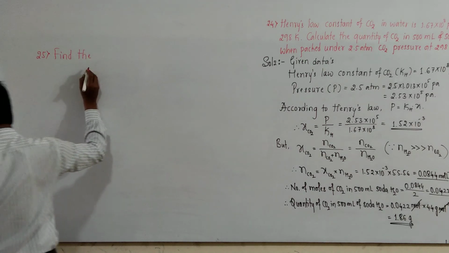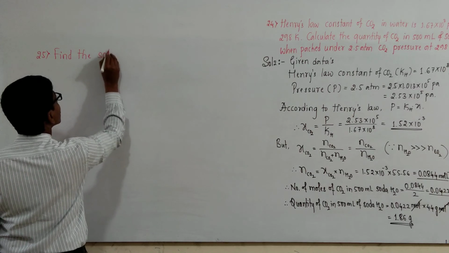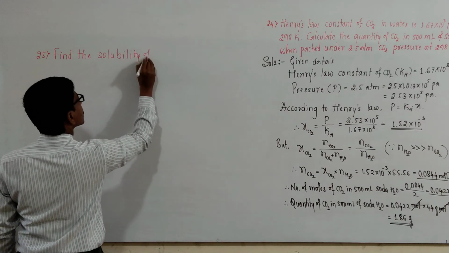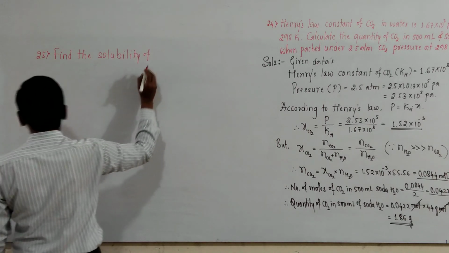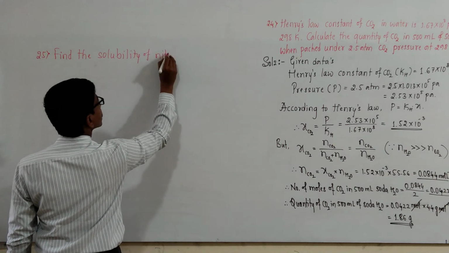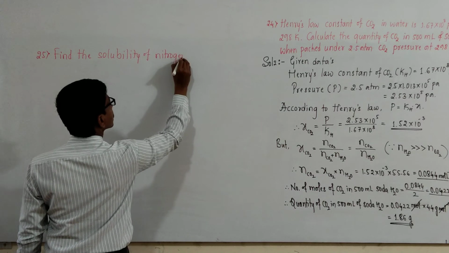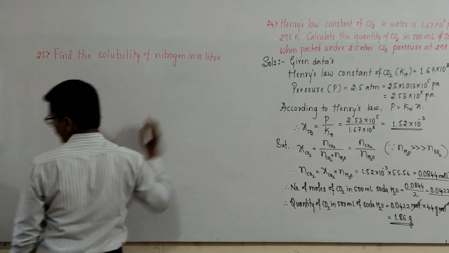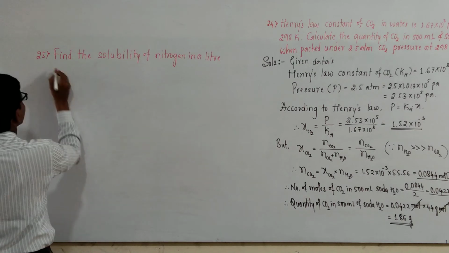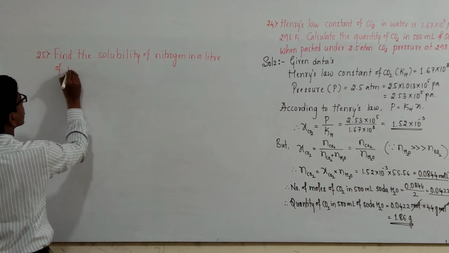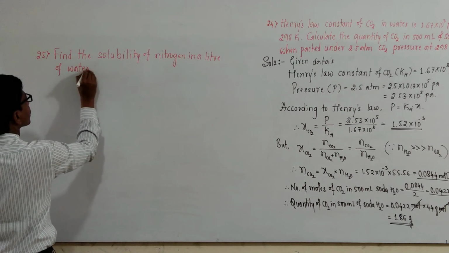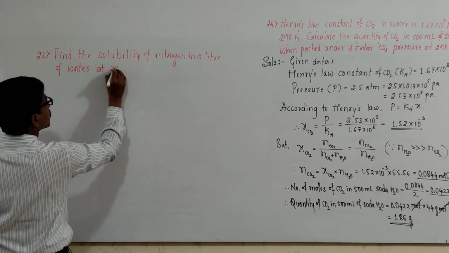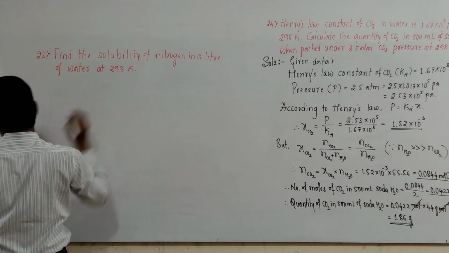Find the solubility of nitrogen in a liter of water at 293 Kelvin temperature.